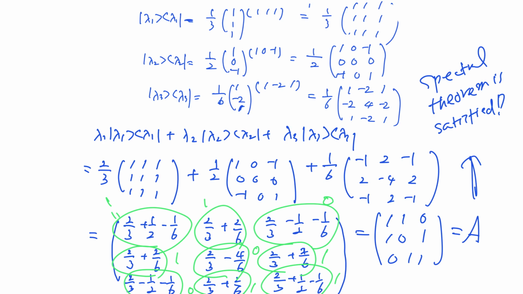So we have seen that for a 3 by 3 Hermitian matrix, again, the spectral theorem is valid. During this class, I have shown that for a 2 by 2 Hermitian matrix the spectral theorem is satisfied, and for a 3 by 3 Hermitian matrix also.